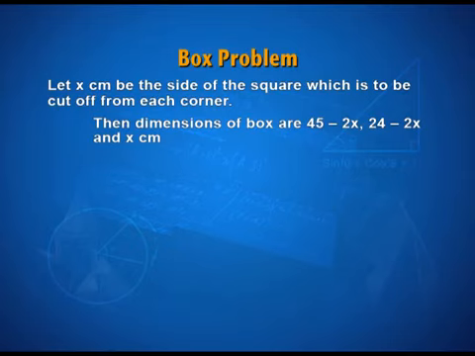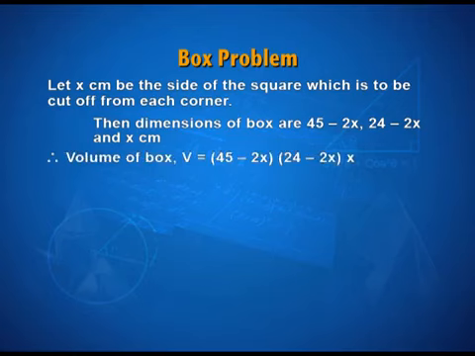That means the dimensions of the box are 45 minus 2x, 24 minus 2x and x centimeter. 2x, because from both the sides a square of x unit length has been cut off. So, 2x units have been taken off from length and breadth, and the height, as you saw earlier, was the same as the side of the square cut off, that is x.